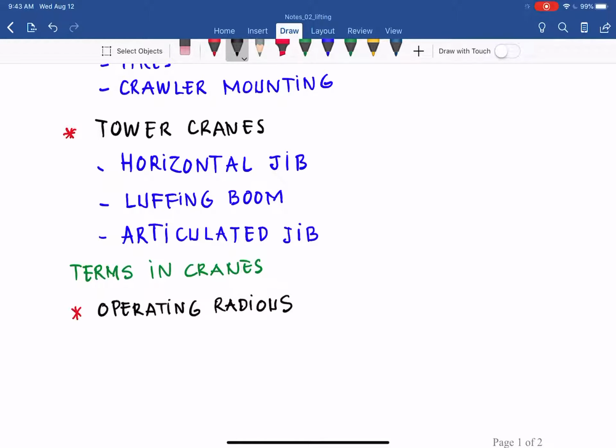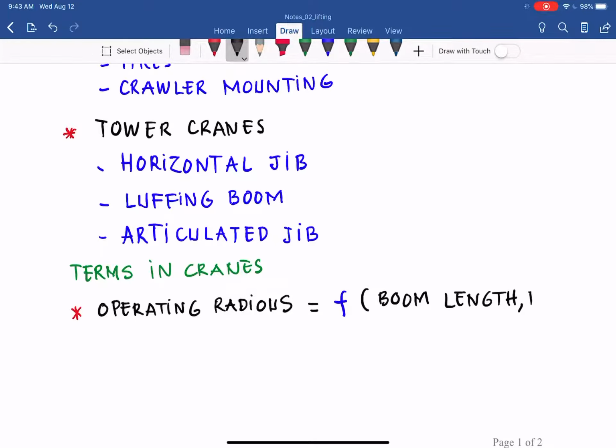The operating radius is basically a function of two major variables. So I put here, a function of what? The first one is the boom length. And it also depends on the boom angle. What is the angle from the horizontal surface that the boom forms?